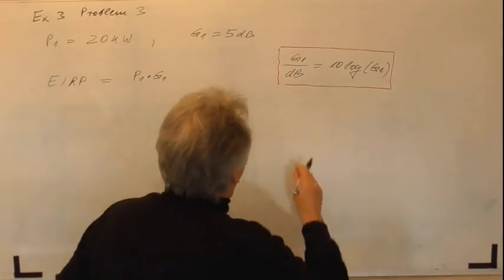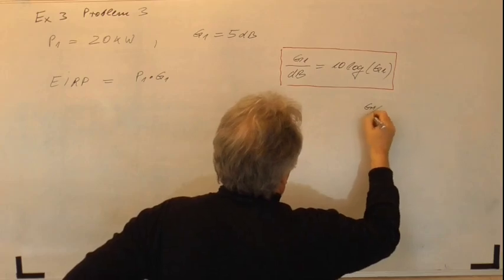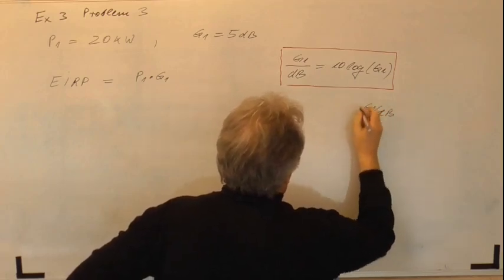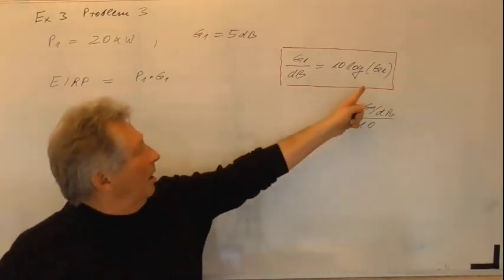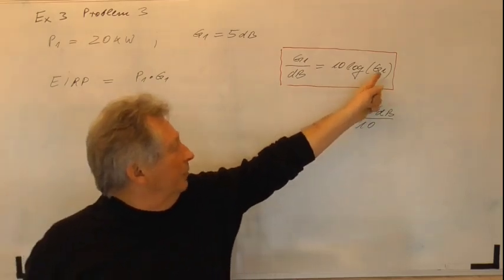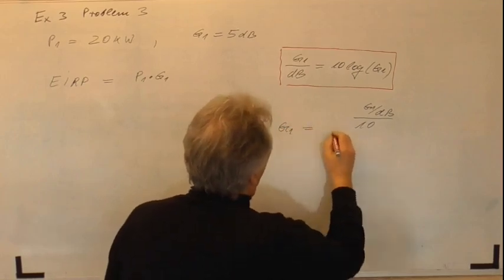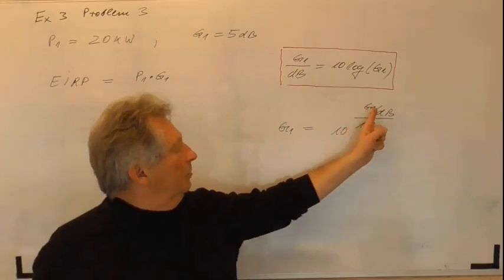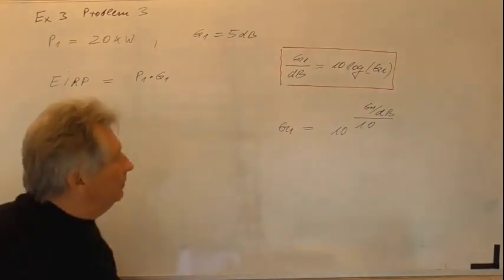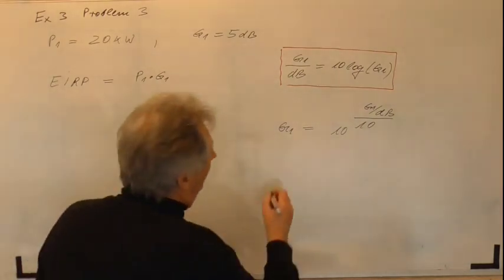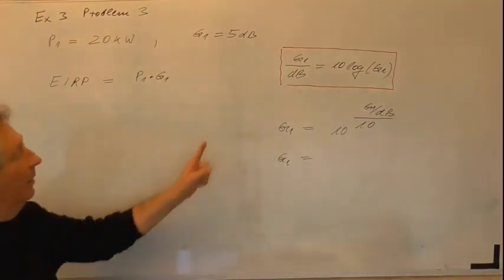G1 in dB divided by 10 is equal to the logarithm of G1, or I can say G1 will be 10 to the power of G1 in dB divided by 10. I will do this in detail here.